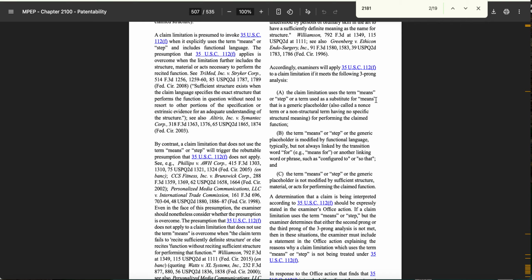Check if it uses means or step, or a non-structural term, whether it's modified by functional language, and whether there's additional sufficient structure, material, or acts for performing the claimed function. If a claim uses these nonce terms and it has functional language and it does not modify by sufficient structure, it's going to invoke 112F.